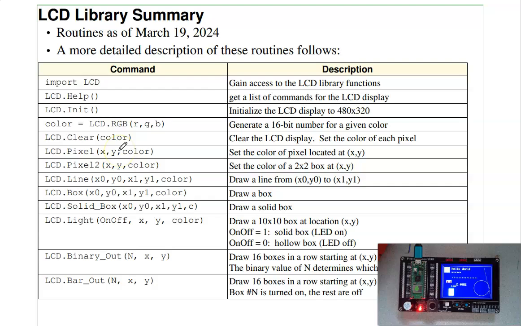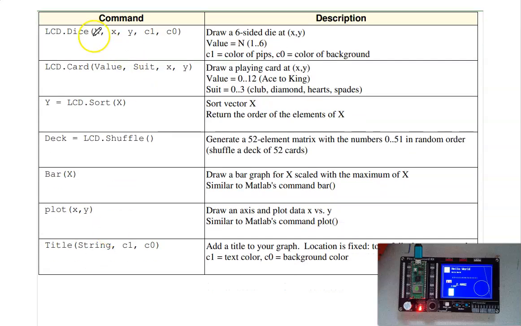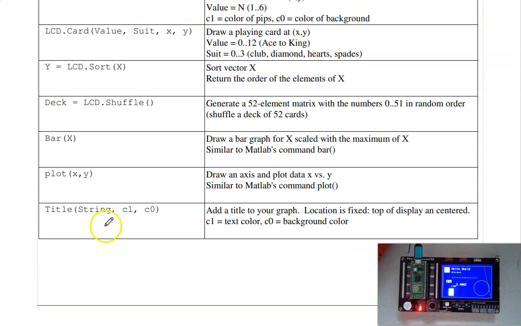I can write to a pixel, draw a line, draw a box, draw a solid box, do a bar chart, display playing dice, display a playing card, shuffle a deck of cards, plot X versus Y, and put a title on it. So that's what's inside the LCD library.